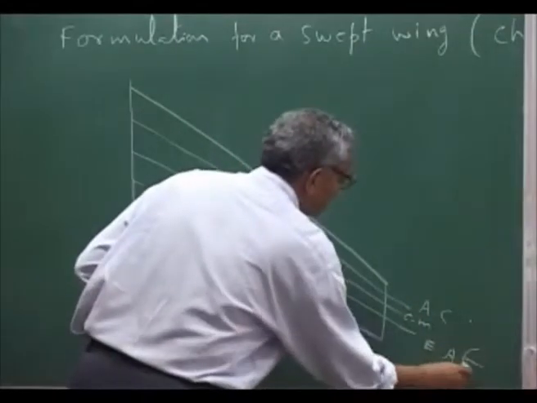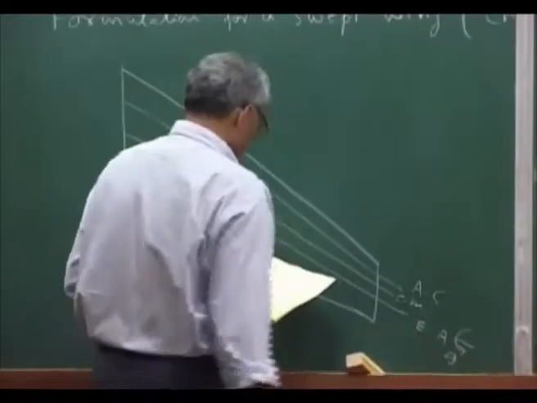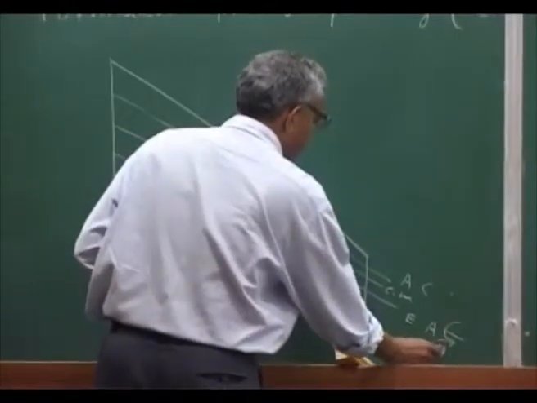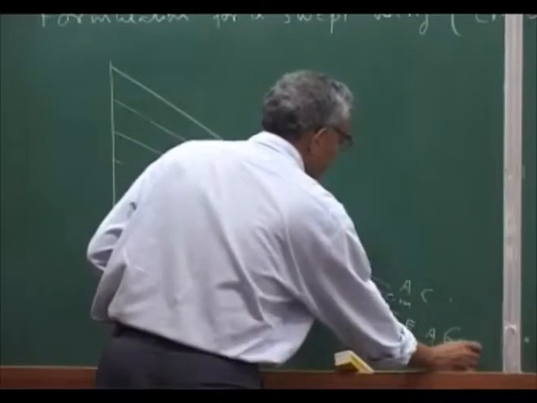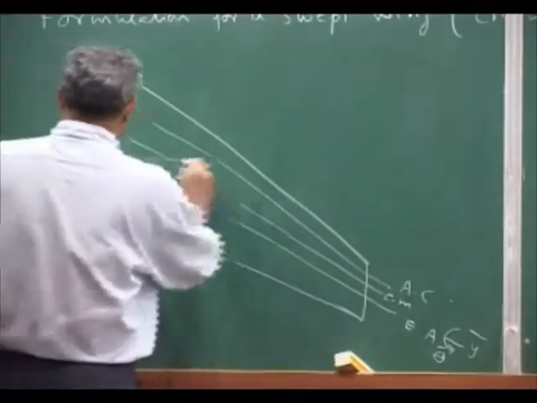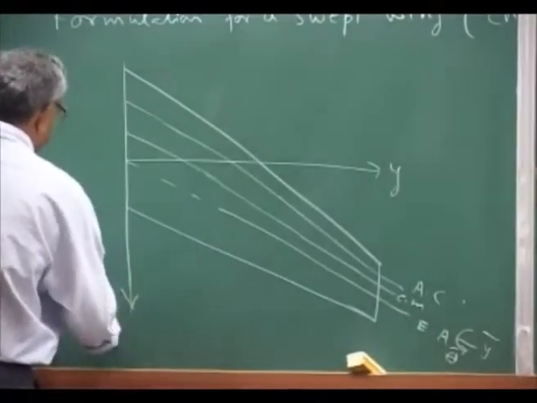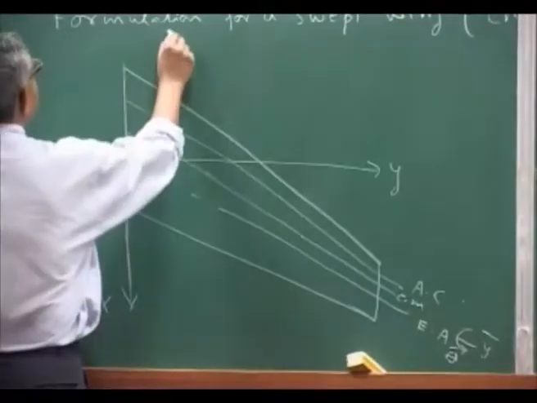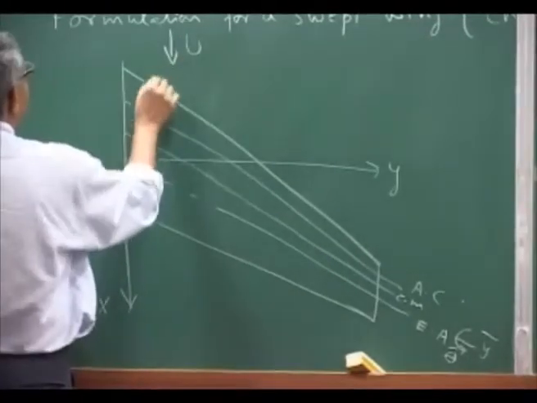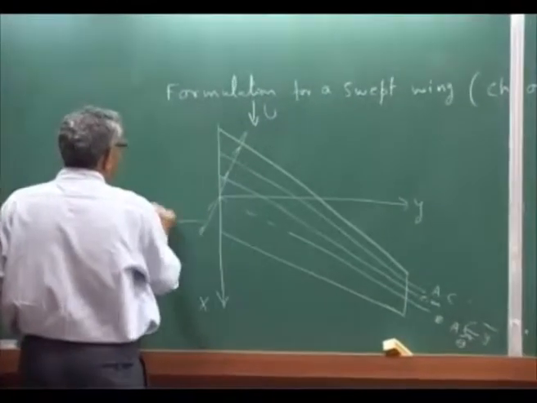And this is your theta bar, okay, and this is my y bar. Of course, this is my y axis, x axis, this is my wind direction, and this is the effective root.